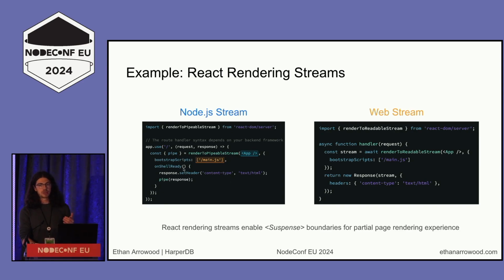And when this function is called, that's when you're going to want to pipe your response. You use this pipe method that is returned from renderToPipeableStream, and you then pass your destination stream to pipe, and it will push along the React chunks. And the similar thing is on the right-hand side, except you don't have to do the onShellReady part. You can just use the returned stream.